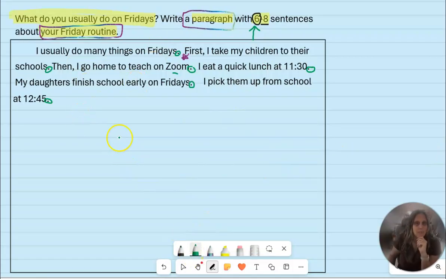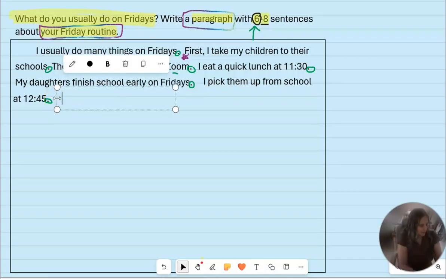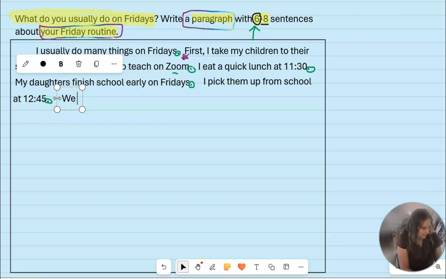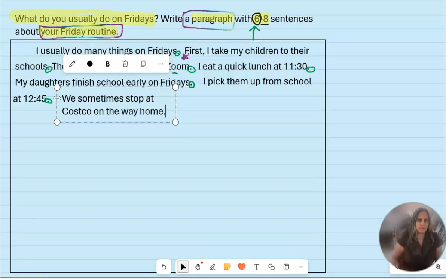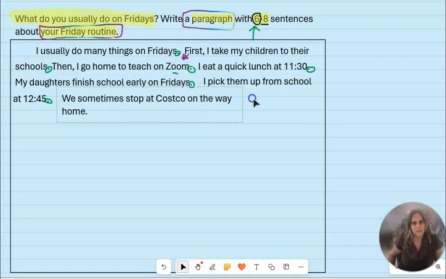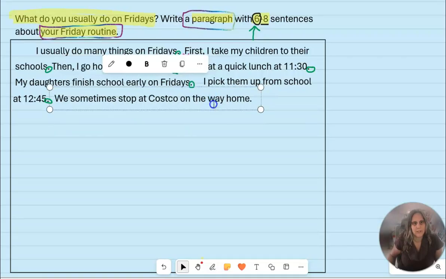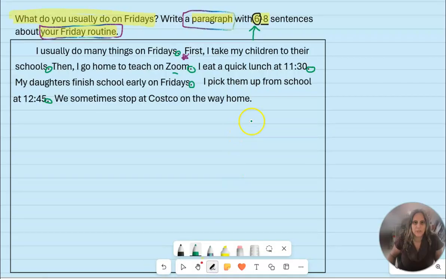So I can say one more thing and then I'll have a conclusion. So I pick them up from school at 12:45. I'd say, oops, I can't type. We sometimes stop at Costco on the way home. So that's one more sentence. And usually we like to finish with a conclusion, which is similar to the topic sentence.